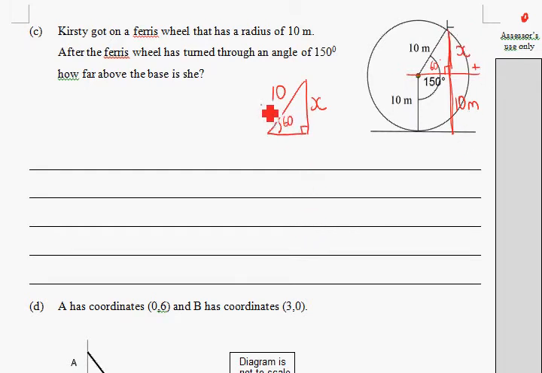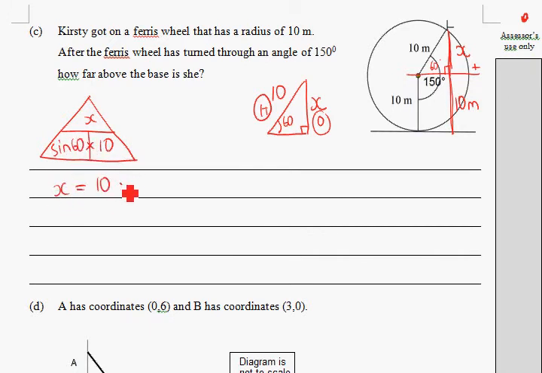Step 1, label the sides: hypotenuse, opposite. It's the sine, for those of us that like using triangles. Opposite, hypotenuse, sine of 60. Nice line of working: 10 times sine 60 is 8.66, and there's more to come.